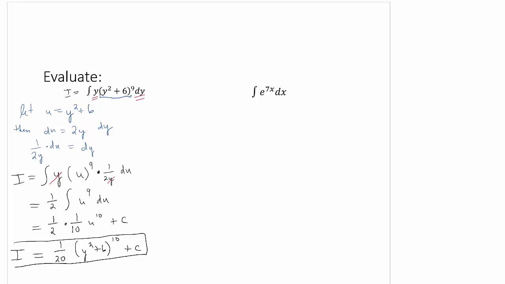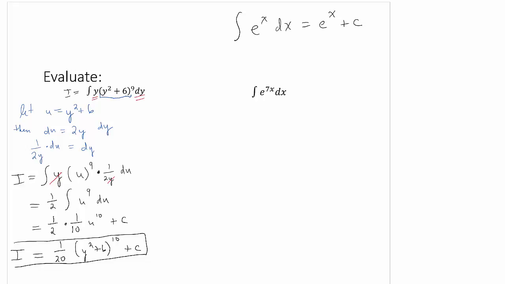Let's try another one here. Here we have the integral of e to the 7x dx. Now, I remember from Calculus 1 that the integral of e to the x dx is simply e to the x plus c. Now, the issue is it's not an e to the x, it's an e to the 7x.